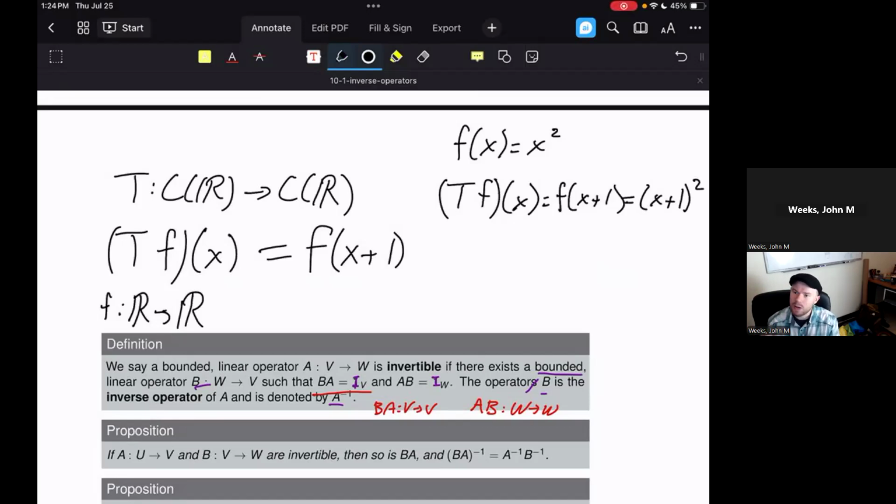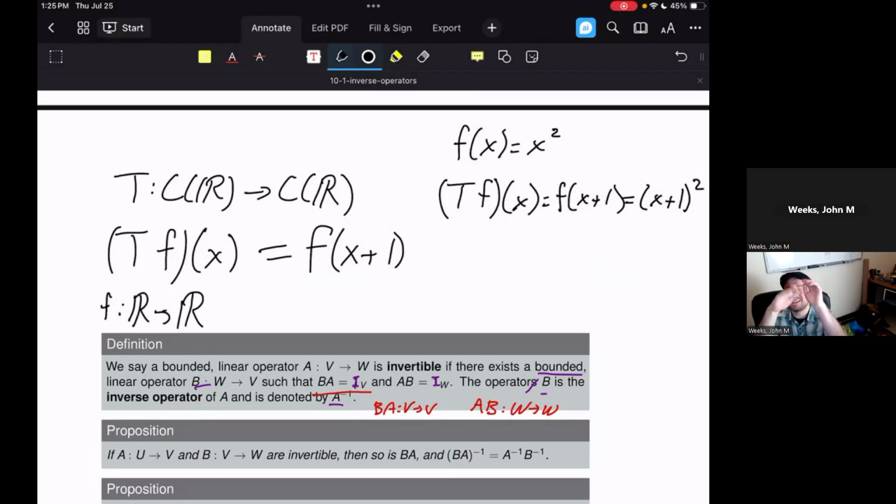Now, this is a well-defined operator, and indeed, it is linear. However, is it invertible is another question. Well, T we described geometrically in a way that will help us understand why it might be invertible. We could also maybe see it algebraically just from looking at this, what we might need to do to invert the operator that takes a function and maps any value of that function to f of x plus 1 instead of f of x.